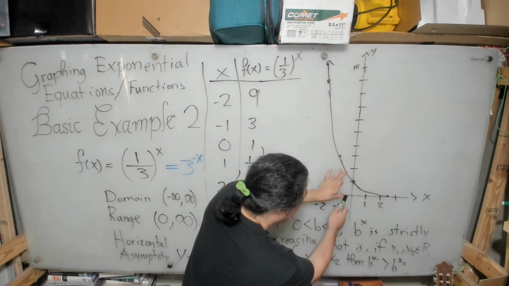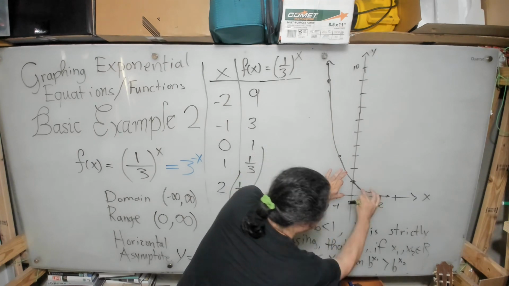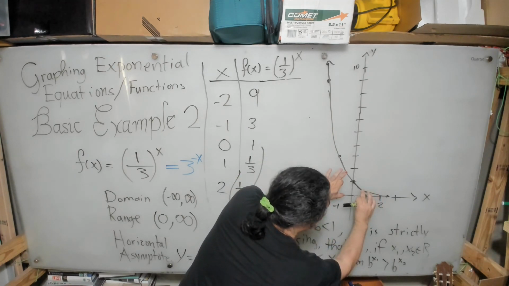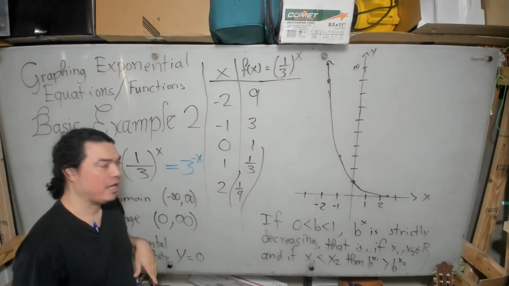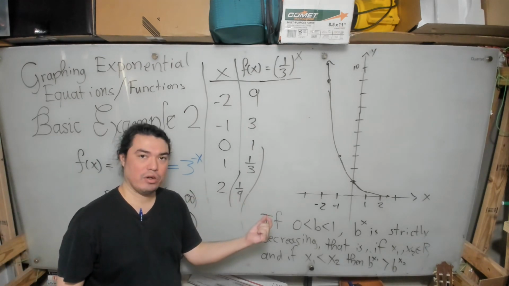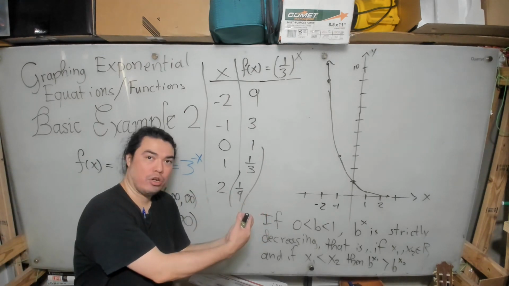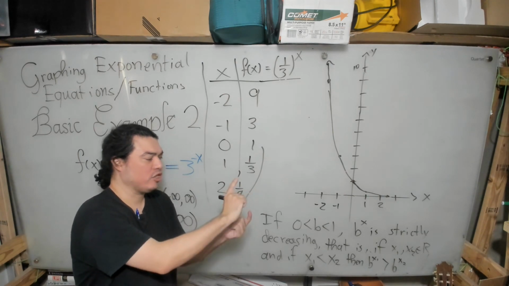And if I take any larger value of x2, like this one, you can see that b to the x2 is smaller than b to the x1. That's what we mean when we say it's decreasing. And it's strictly decreasing because that's true no matter how close together the x's are. The larger x will have a shorter height with this function.